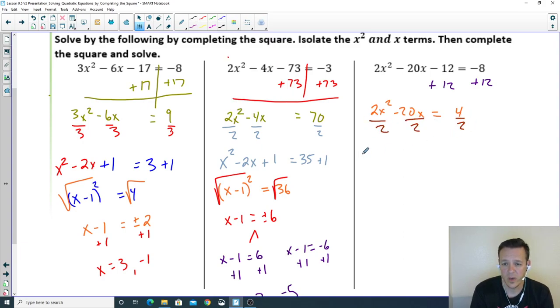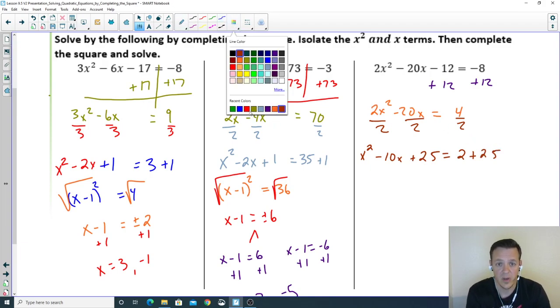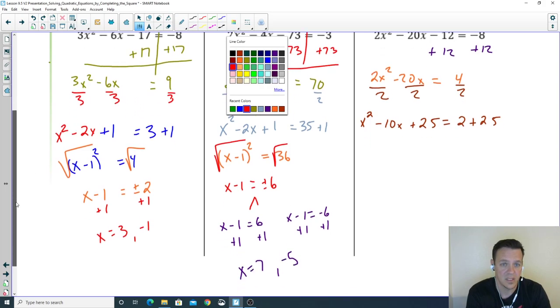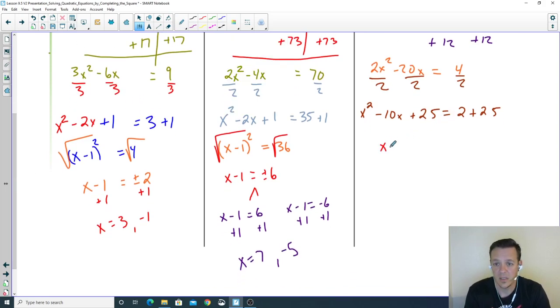Now this is one of the larger numbers you would get, because this is minus 10x. Remember, find the b value, take 10 divided by 2, that's 5, square 5, that would be 25. And so this would be 2 plus 25 over here. Hopefully you guys notice at this point all the steps that I do skip. And that's going to be x minus 5 squared equals 27.